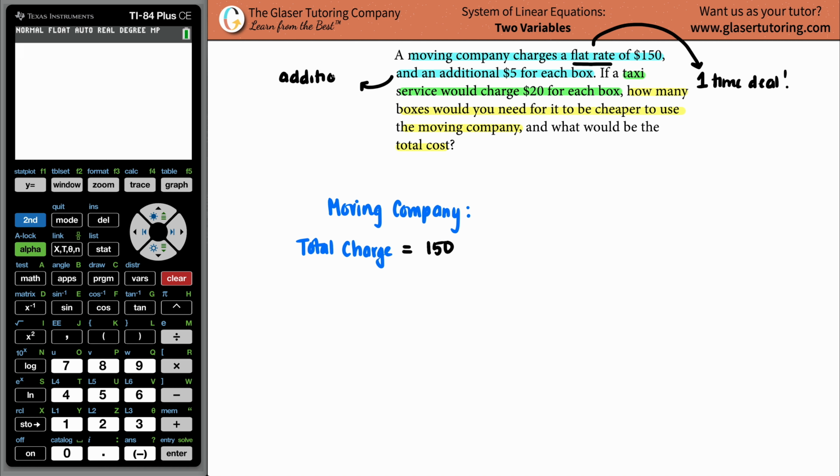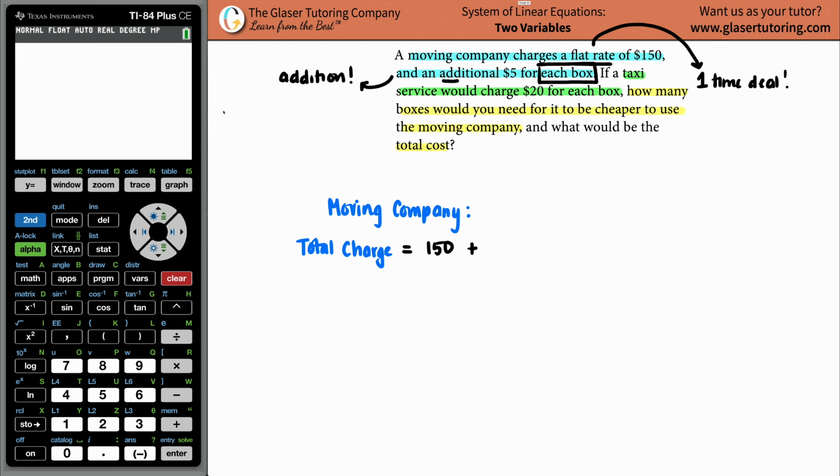So I know that I'm going to have to pay the $150 flat fee plus an additional, so there's another word to tell you, hey, you got to add the two together, $5 for each box. Here is our variable. The variable is the stuff that's always going to change. And each box, well, it depends. How many boxes do I have to move? 1 box, 2 boxes, 3 boxes, right? So we finally found out our variable.